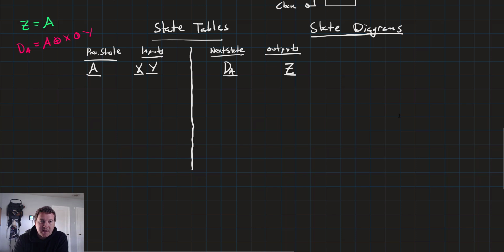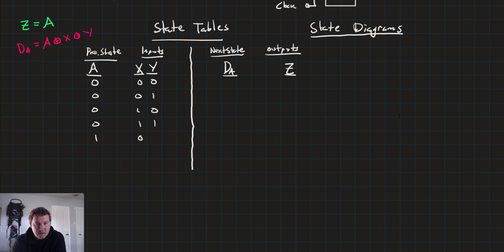We fill out the input side of the truth table just like always: 000, 001, 010, 011, 100, 101, 110, 111.